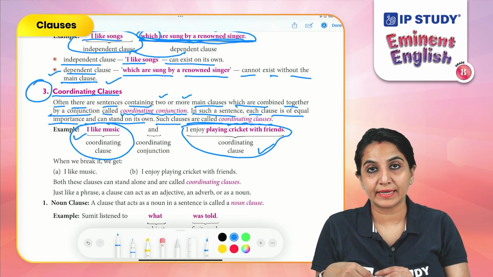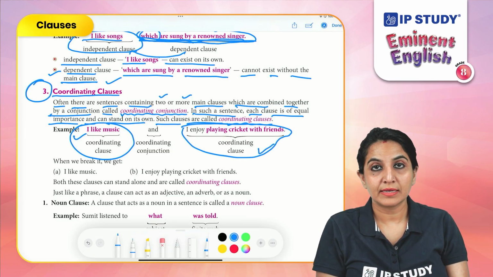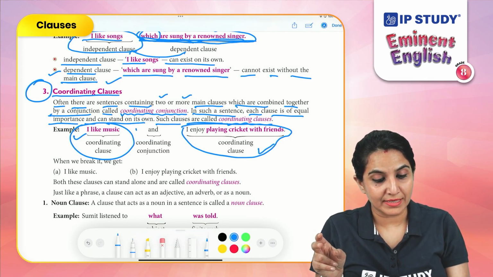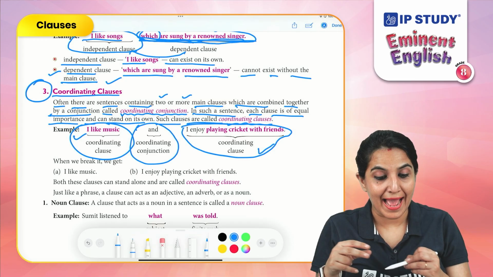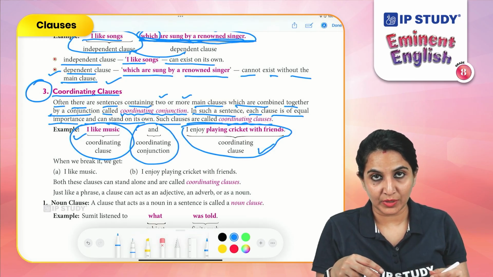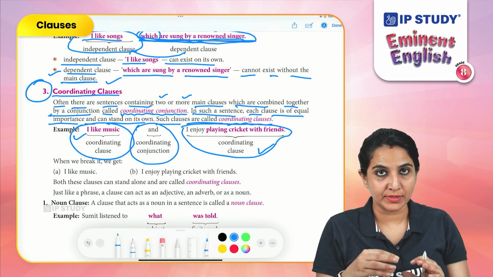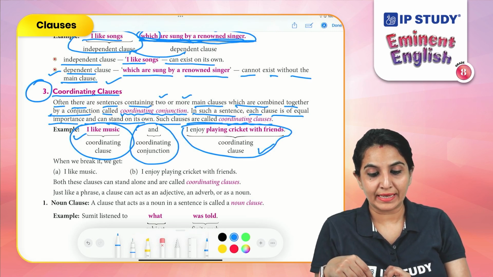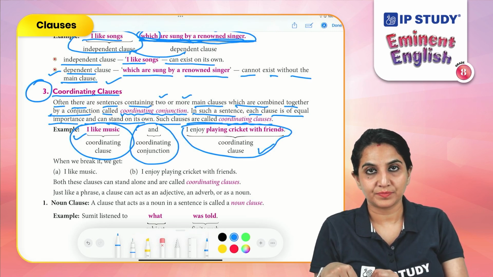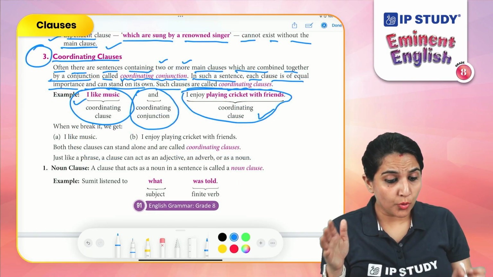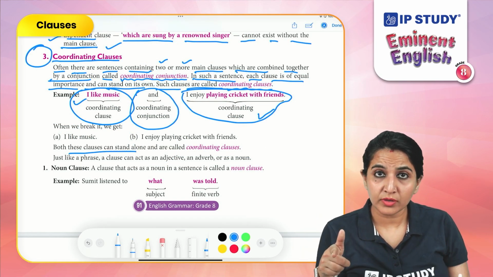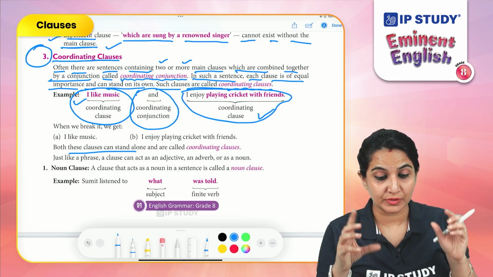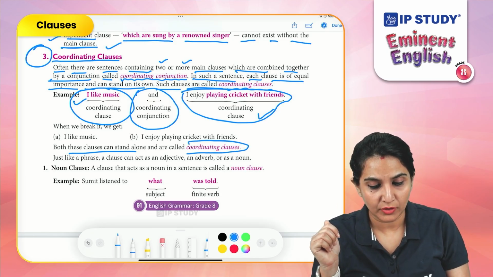These are coordinating clauses because both clauses can be independent sentences as well, whereas a coordinating conjunction, and, can be used to join the two sentences. I like music and I enjoy playing cricket with friends. Right? So, both these clauses can stand alone and can also be joined with a coordinating conjunction. These are called coordinating clauses.